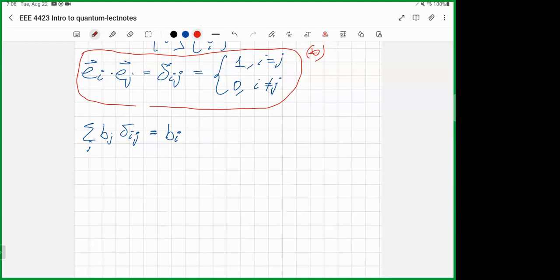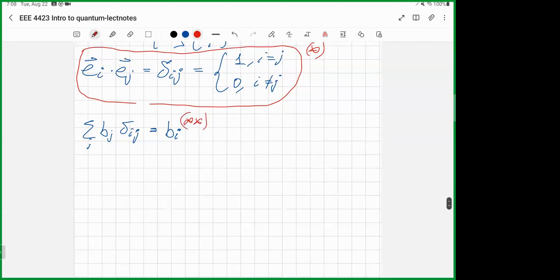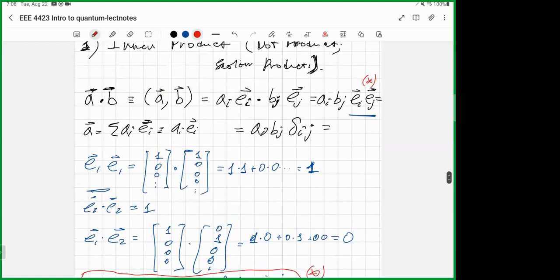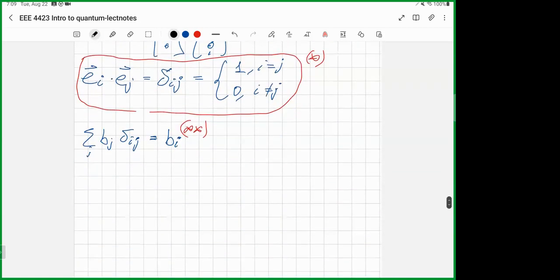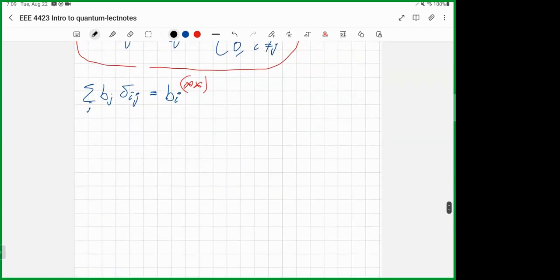So we can put a double star here. Because of this double star formula, we conclude that this summation is equal to a_i b_i. Okay, so the final formula is like this.